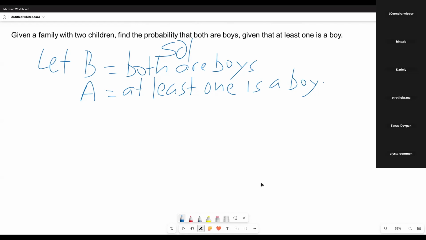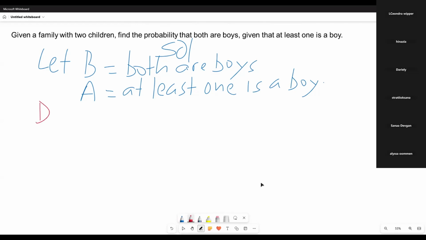Now, as you know, anytime they have to find the probability here, you need to find the sample space. Now, can someone tell me how many outcomes would you expect in the sample space? How many outcomes? Two.